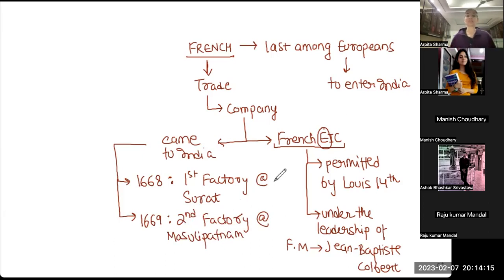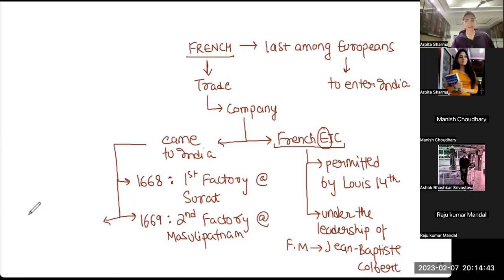We have competition, and the major competition is the Britishers. And anyway, the French and the Britishers did not look eye to eye. Why? Because they always kept fighting internationally also. We'll discuss that also, why the Britishers and the French always were rivals of each other. To compete with them, because they came last, they had no time. They had wasted a lot of time in exploring India. That is why they opened their second factory at Masulipatam.